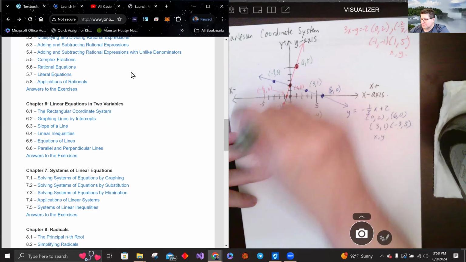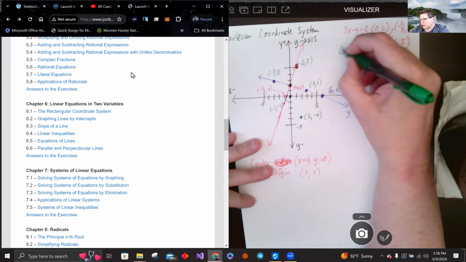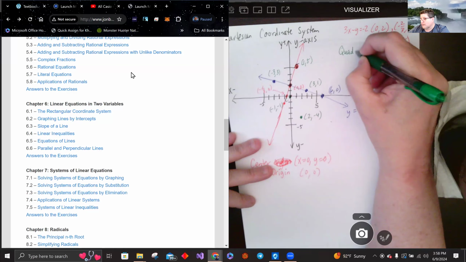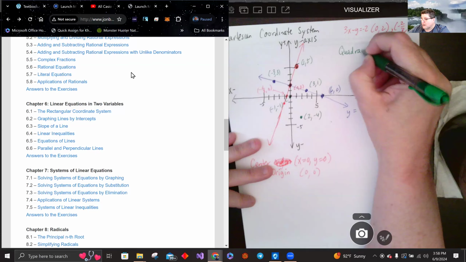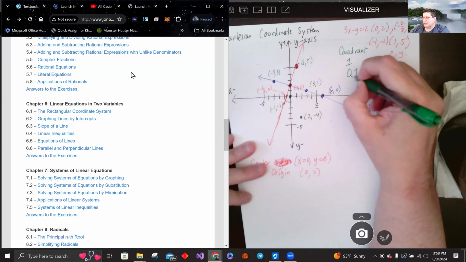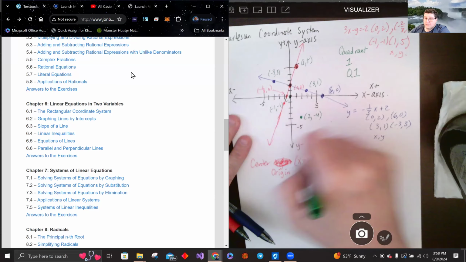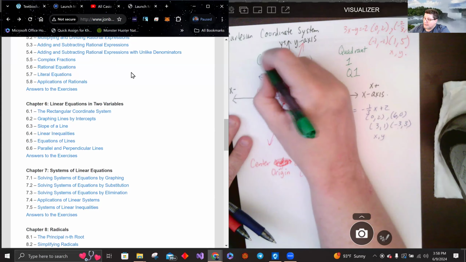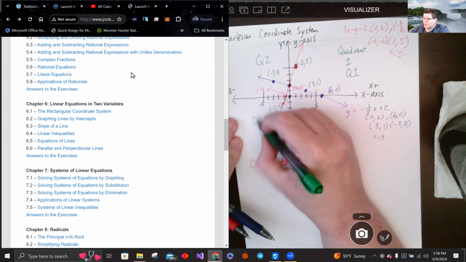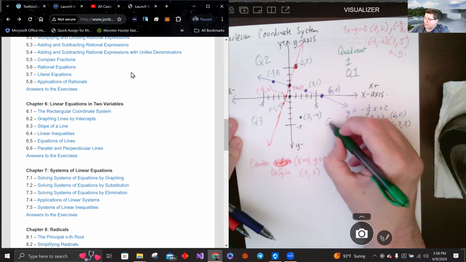Each of these regions makes up a quadrant. This is called quadrant 1. We generally just say Q1. And actually it goes counterclockwise. This is Q2, this is Q3, and this is Q4.